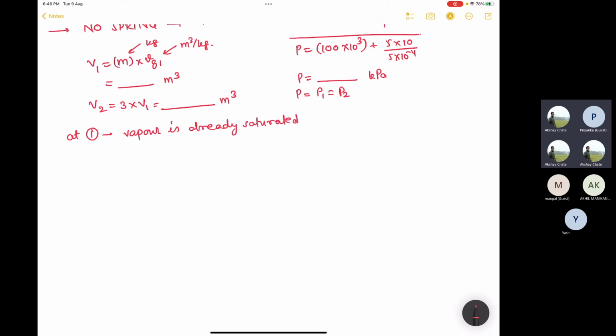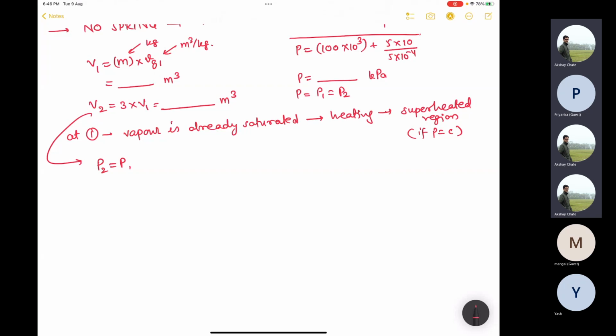So if you heat it again, it will definitely be in the superheated region, since it's a constant pressure process. Then you have P2, which is again P1. And instead of V2, focus on V2 by M, which will be specific volume because steam tables are in meter cube per kg. Since here mass is 1, it will be the same only.